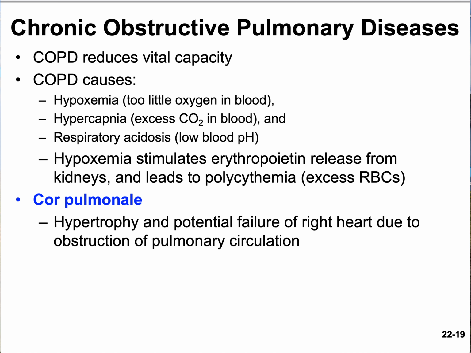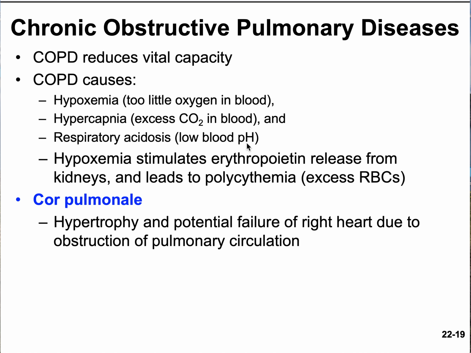So, what do we expect for a person who has some form of COPD? The answer is their vital capacity is reduced. So they aren't getting as much air in and out. What it leads to is low oxygen levels, high CO2 levels, because this is what the respiratory system is doing for us, right?